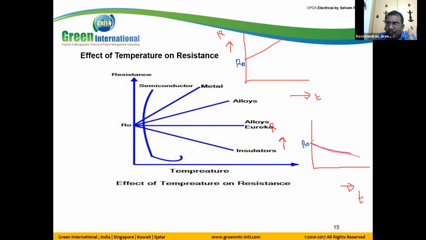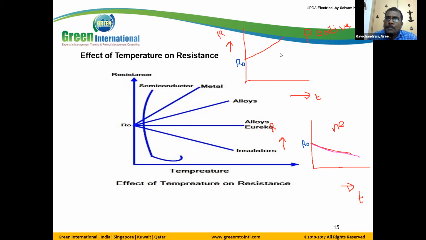From these two graphs, what you understand is that as the temperature increases, here the resistance value is increasing, and here as the temperature increases, the resistance value is decreasing. Correct? Yes, sir, it is correct. So one is increasing, the other is decreasing. That is why here we call it a positive temperature coefficient, and here a negative temperature coefficient.